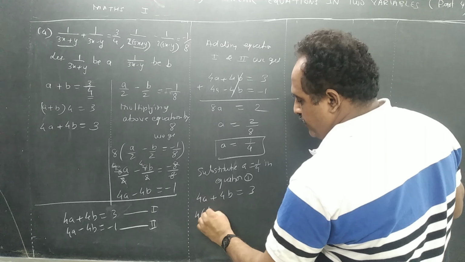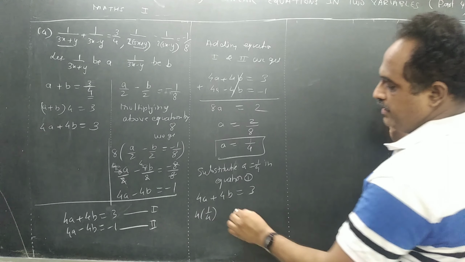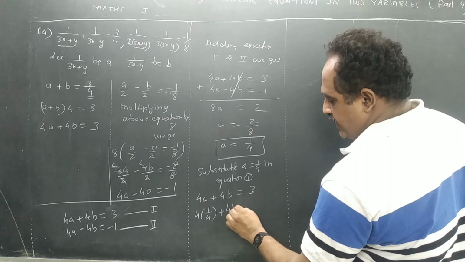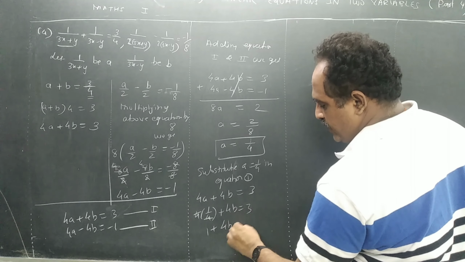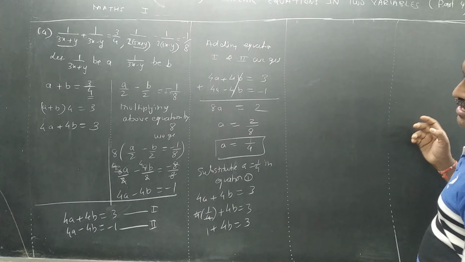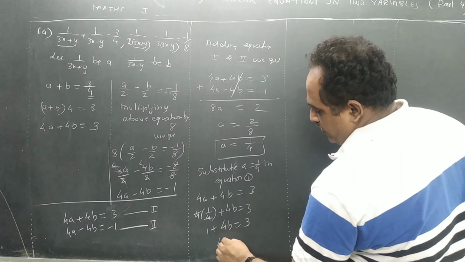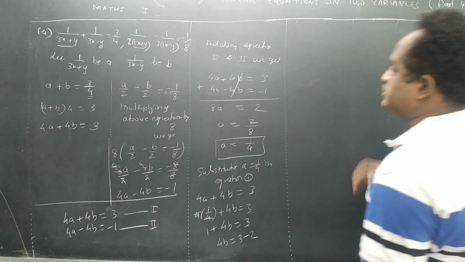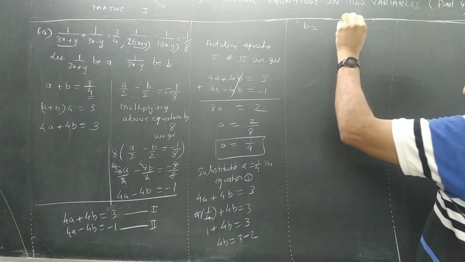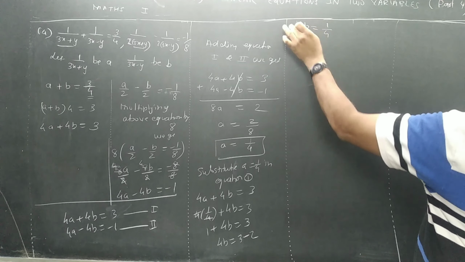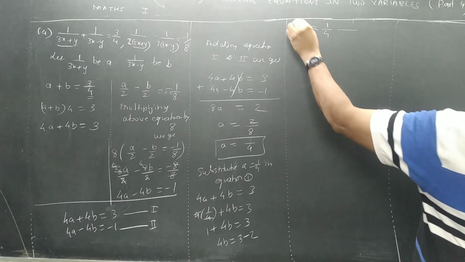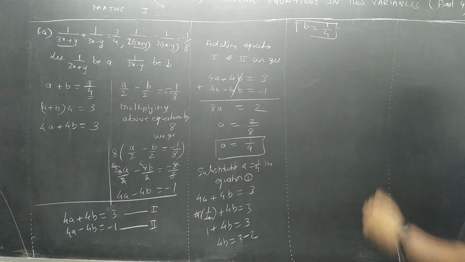So 4 in bracket 1 upon 4 plus 4B is equal to 3. The 4s get cancelled. 1 plus 4B is equal to 3, so 4B is equal to 3 minus 1, and B is equal to 1 upon 2. So 1 upon 4 is the value of A and B we got.